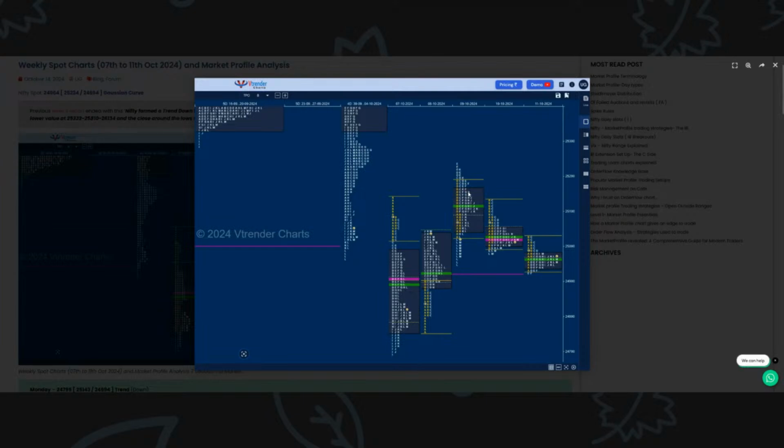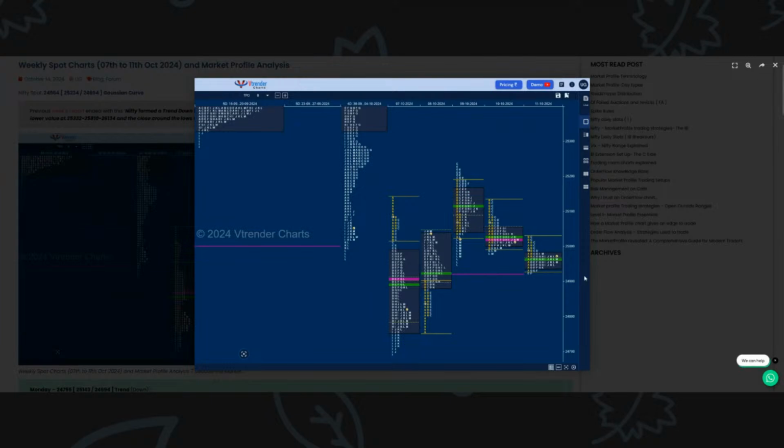So once we did this, again on Thursday we left a failed auction at 25134, which reconfirmed that now the sellers are trying to take control. But what happened on Friday was we formed a narrow range profile. We tried to extend lower, but we did not. We stopped right at this POC of 24920.